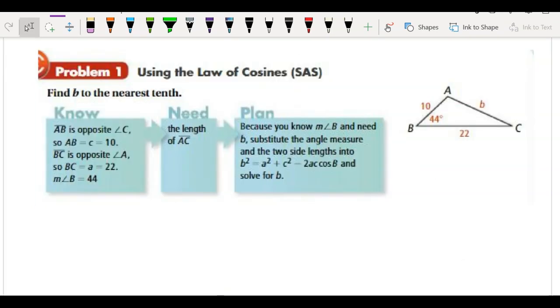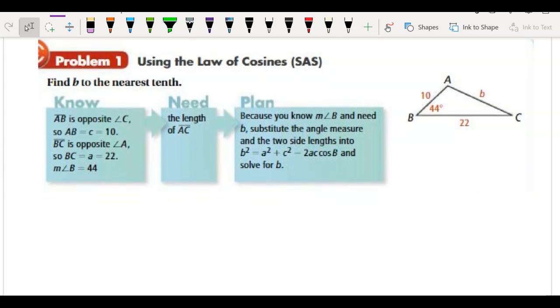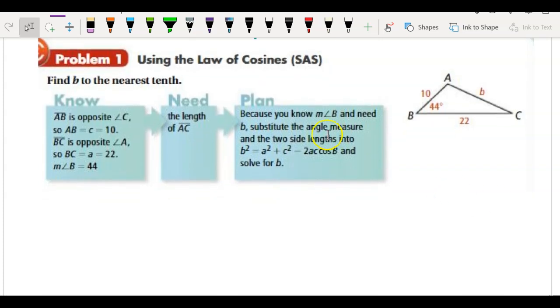Okay, let's take a look at this problem. We want to find B to the nearest tenth, and B is right over here.